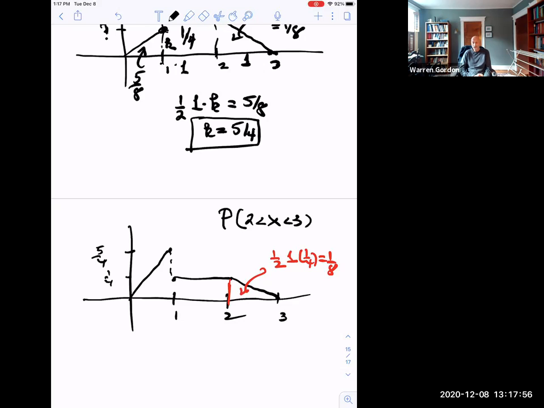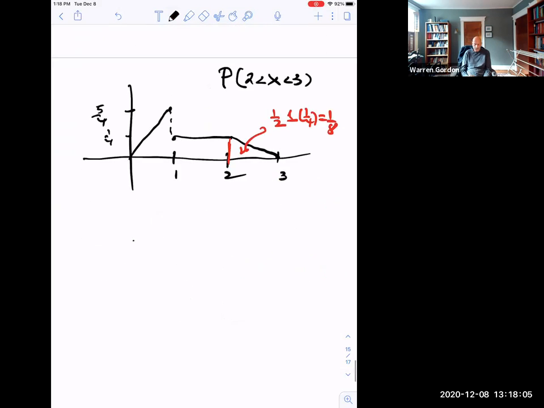Because remember, an integral represents an area under the curve. So when you have linear pieces, you can draw a picture and figure out the area. You have a problem, of course, when curves look something like this, and you actually have to use the integral to do a problem, because you don't know what areas under the curves are unless you use the calculus. In this case, I was able to use simple geometry. Okay, anyone else have any other questions?